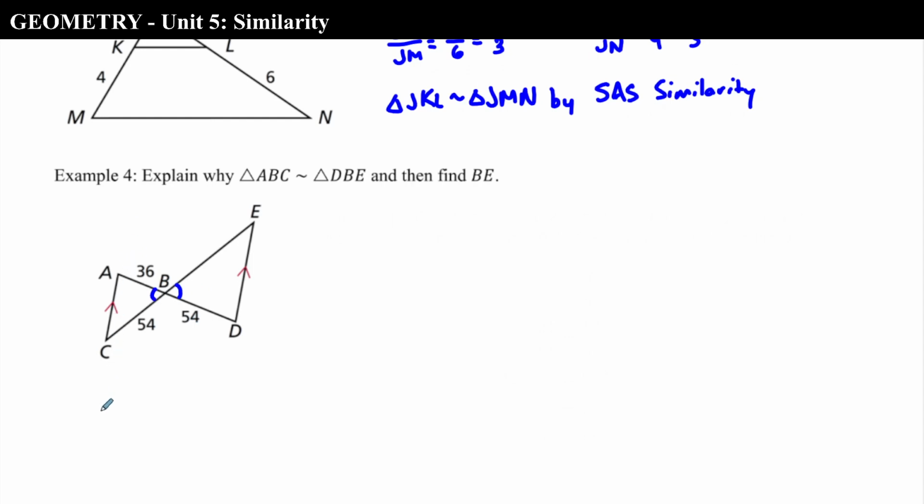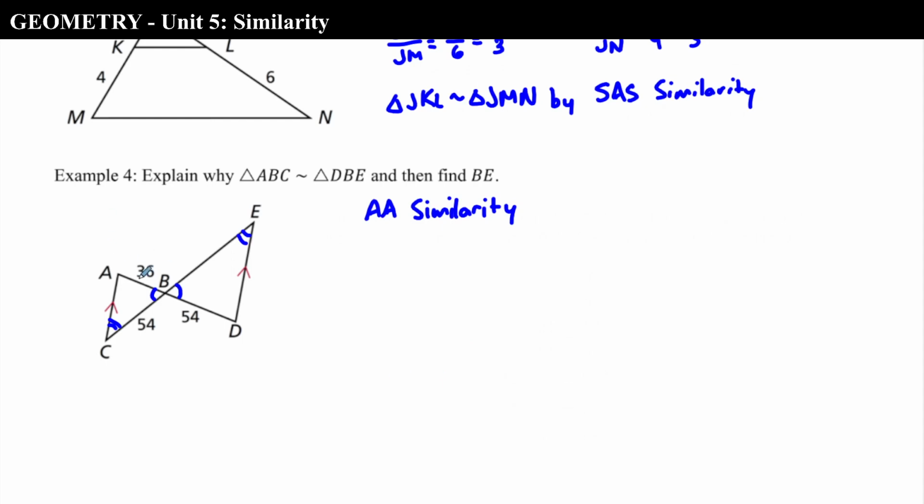If we extend AC and we extend ED and we extend CE, you're going to have a transversal going through parallel lines. So you have alternate interior angles here and here. Okay? So we have an angle and we have another angle, an angle and another angle. So they are similar by the angle-angle similarity. So we can say angle-angle similarity is the reason why we are similar.